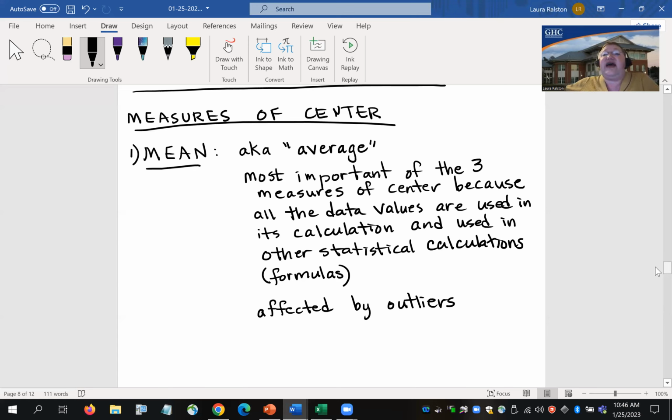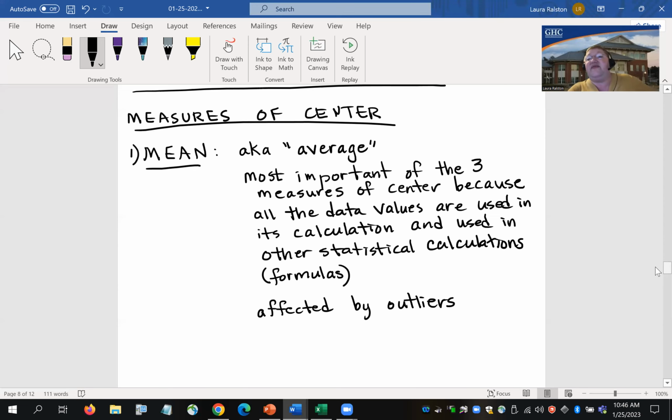Again, if we have that 80-year-old in the class, so you have an age of 80 and most everybody else is down around in their teens and 20s, then that's going to cause your average to be higher than it really is. It can also cause your average to be deflated.